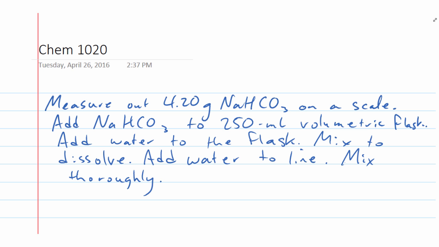Now the reason why we add the water in two steps would be for something like this. Let's say that we want to make a mixture of sand and marbles. So let's say I pour 100 milliliters of marbles into a container, and then I pour 100 milliliters of sand into the same container. Now we have a mixture.